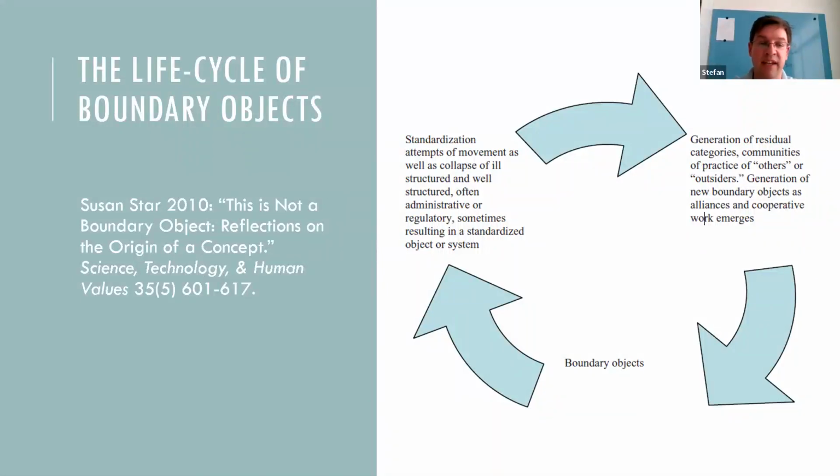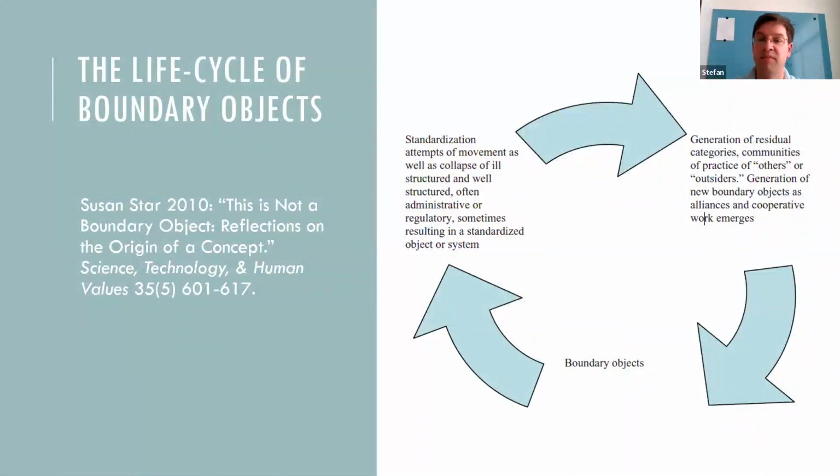What she also said in this later reflection that I reference here is the actually interesting part, not really fleshed out, basically only hinted at with her own graph, namely that boundary objects also have a life cycle. She suggests that there's an initial period of coming into being, drawing different groups together. Then it might eventually become standardized by one specific group or a dominant group, which means that some of the other meanings are cut out again.